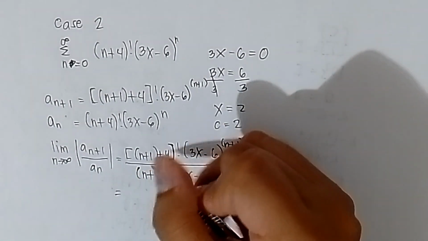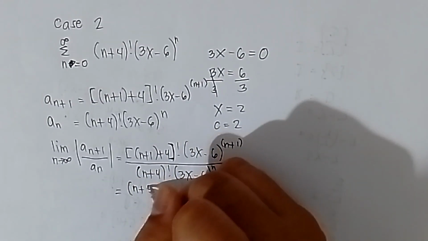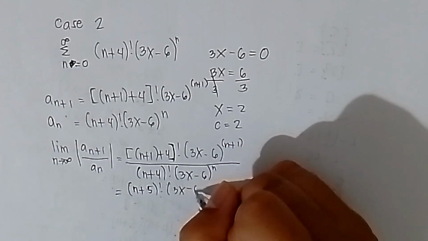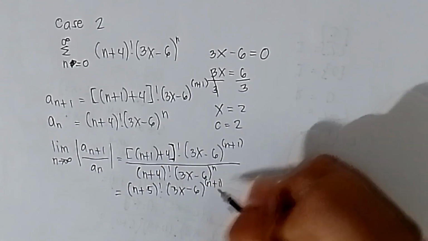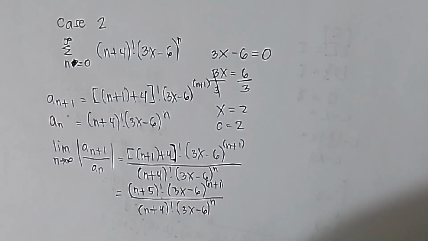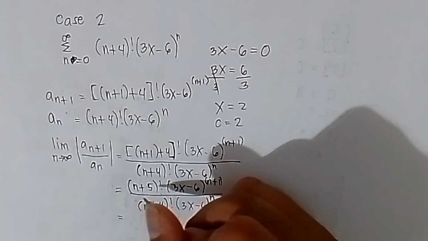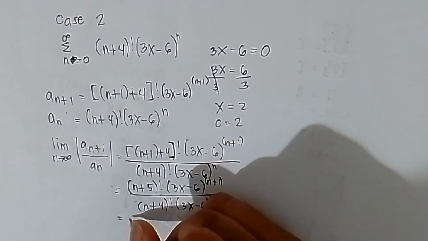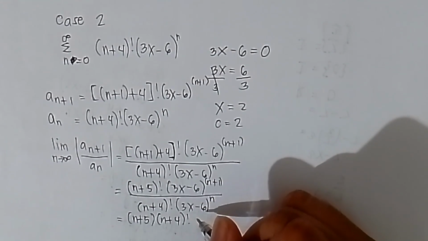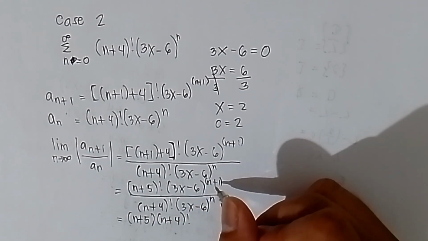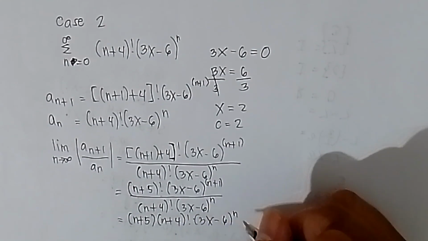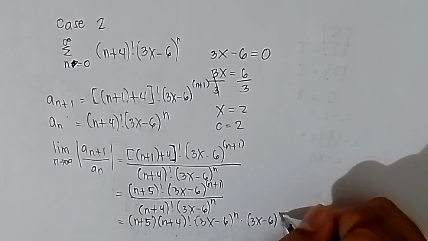We're going to simplify this equation, and n plus 1 plus 4 is equal to n plus 5 factorial, and then copy this in our denominator, (3x minus 6) raised to n plus 1, (n plus 4) factorial, (3x minus 6) raised to n. And we're going to expand this n plus 5 factorial, so (n plus 5) times (n plus 4) factorial, and then distribute this exponent: (3x minus 6) raised to n times (3x minus 6) raised to 1.